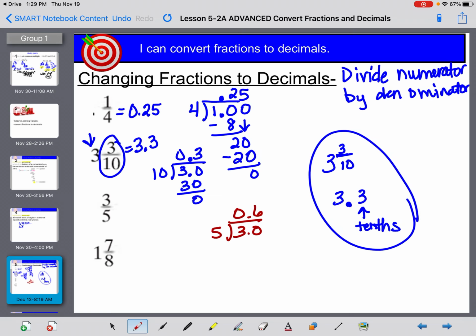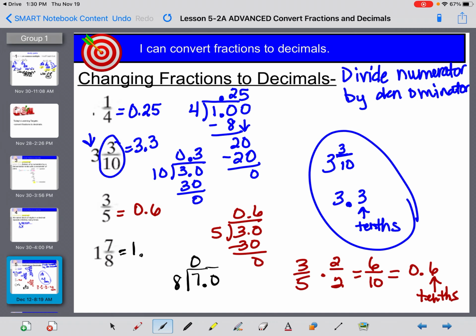1 7/8. Remember, leave that 1 alone for now. Some people like to write it down right away so they don't forget about it. 8 does not go into 7. 8 does go into 70. 8 times 9 is 72, so that's too big.